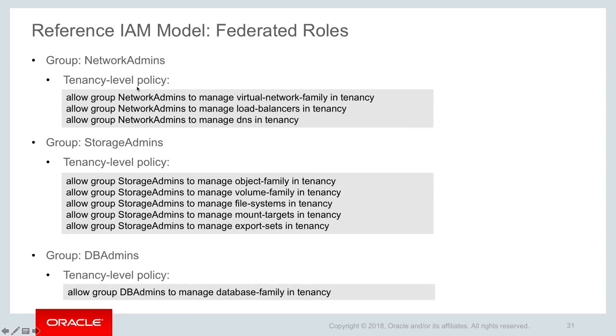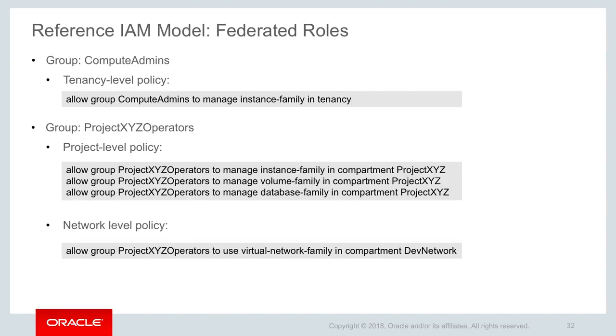If you go to the network portion, for example, network admins are going to have access to the virtual network family, load balancers, and DNS. Storage admins have access to all these storage resources, and database admins as well. Right, so more examples here.